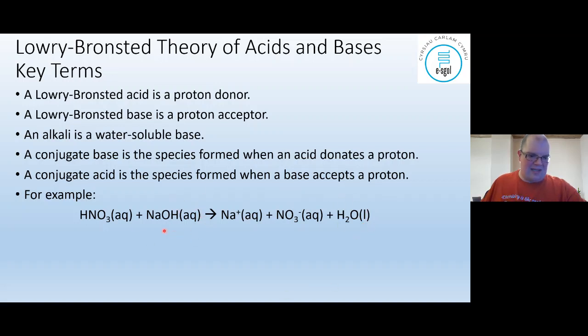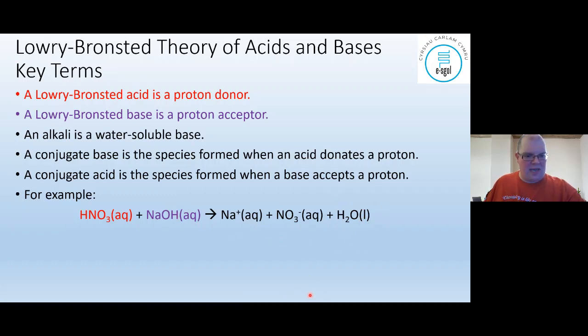Now, the acid is the species that's giving up the proton. So nitric acid, HNO3, is the acid because it starts with a hydrogen, but it has lost it on the product side. The base is the species that accepts the proton, and so that is the sodium hydroxide, because the hydroxide ion has accepted a proton to become water.